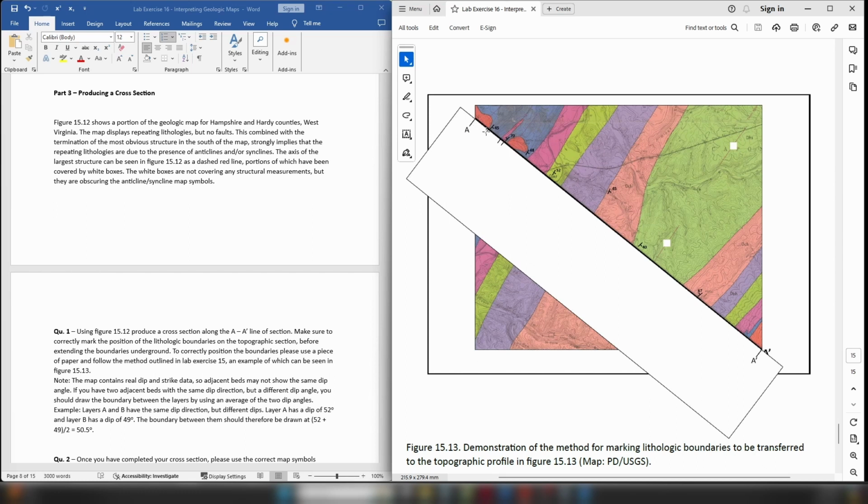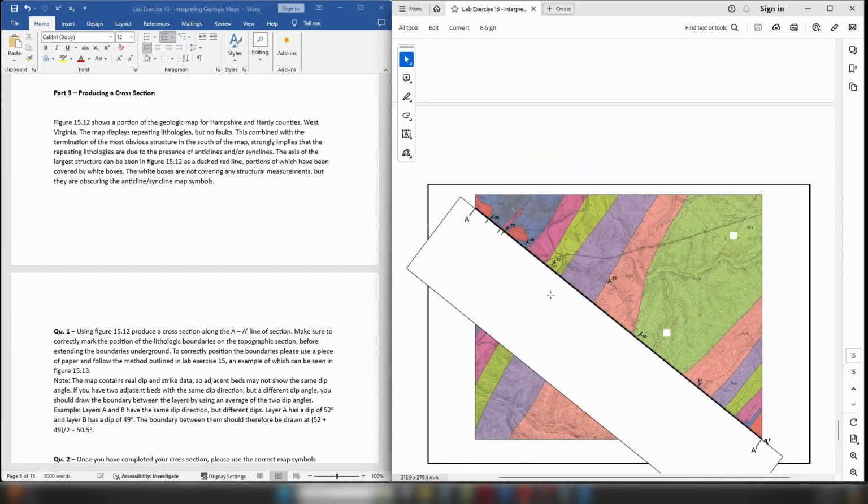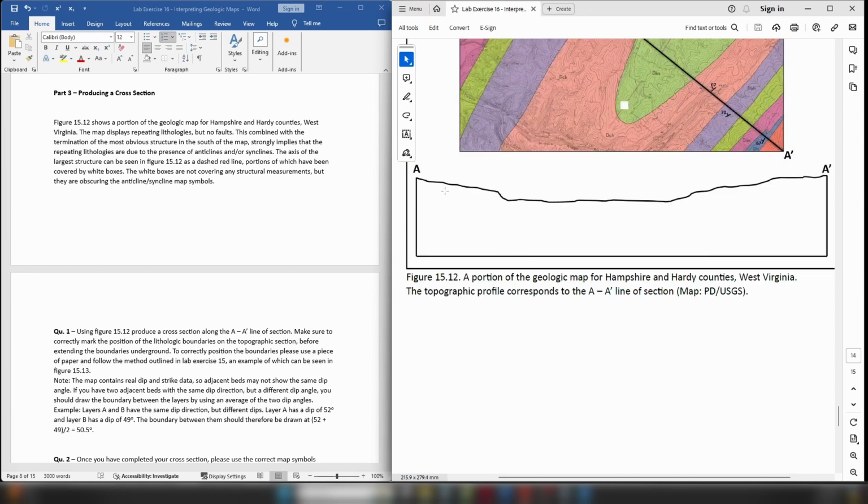So you're going to put a mark here, here, here, there, there, etc. all the way along the line of section. And you can then take this piece of paper and put those points onto the topographic profile. So you have the locations for each of the boundaries on the surface correctly marked on your topographic profile.